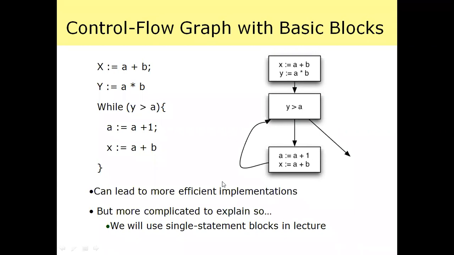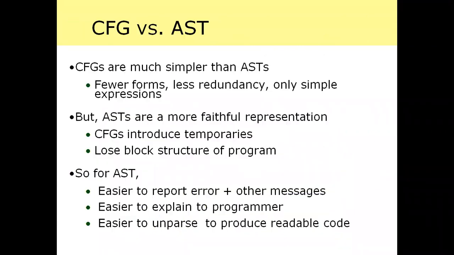Here we are only using single statement blocks, and this is the comparison between the control flow graph and the abstract syntax tree. Here we have some similarities and some differences between the control flow graph and the abstract syntax tree. And what are those?